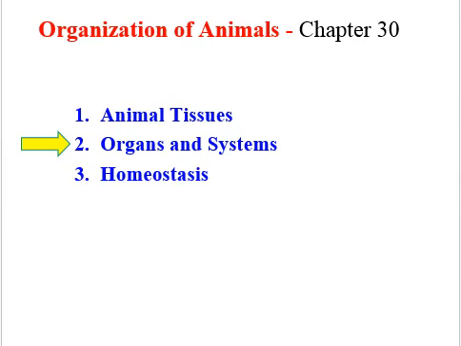So that's a quick run through of the different types of tissues that you find in animals. Now let's put all these tissues together in organs, and then we'll put those organs together in systems. If you took all those systems and put them together, the reproductive system, circulatory system, integumentary system, immune system, endocrine system, all those different systems, that makes up an organism.